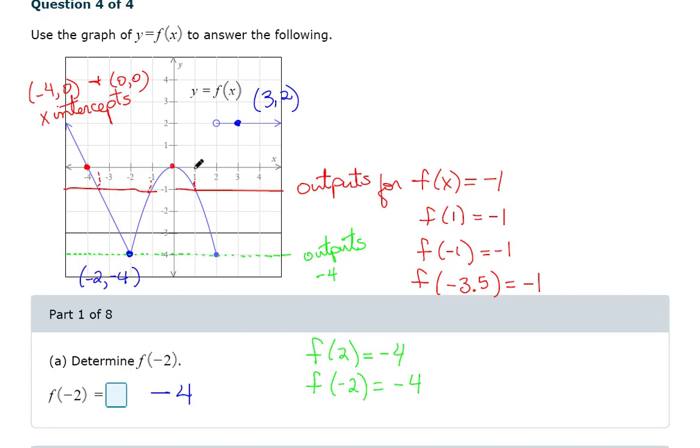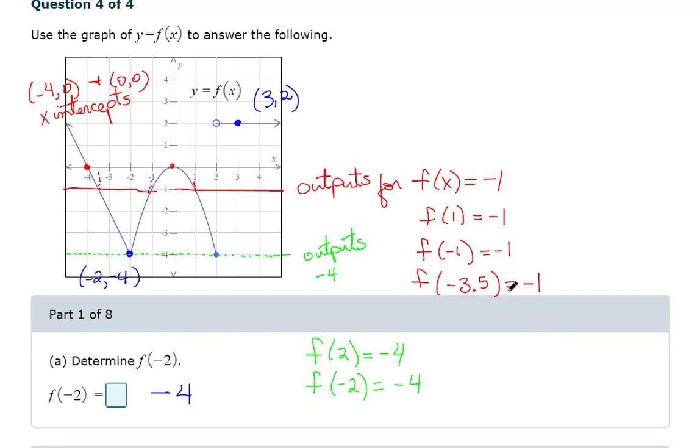Well, pretty clearly here, if I plug in 1, I'll get -1. Here, if I plug in -1, I'll be at that dot, which is -1. And if I come over here somewhere in between -3 and -4, that output is -1 as well. So there are 3 inputs that would give me an output of -1.